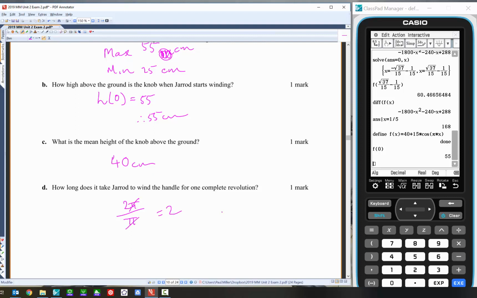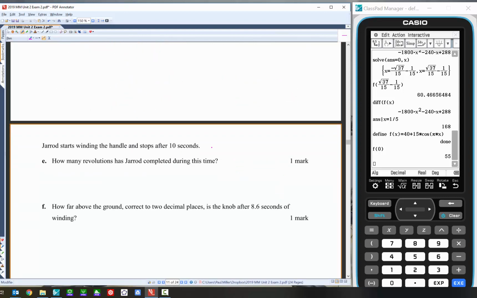They cancel out, equals 2, therefore 2 seconds. Jared starts winding the handle and stops after 10 seconds. How many revolutions? If it takes 2 seconds to do one revolution, 10 divided by 2 is equal to 5. 5 revs.